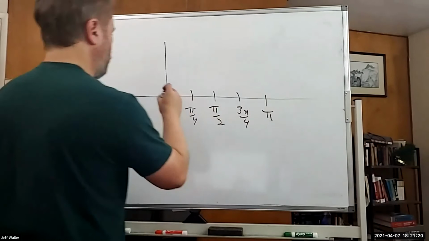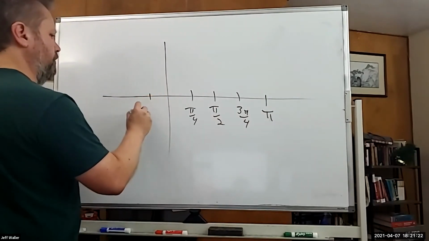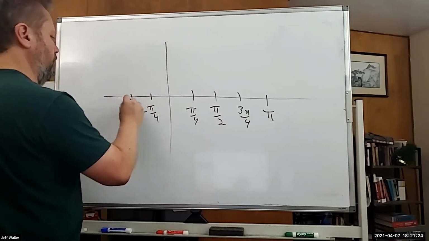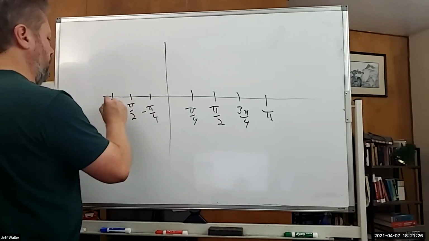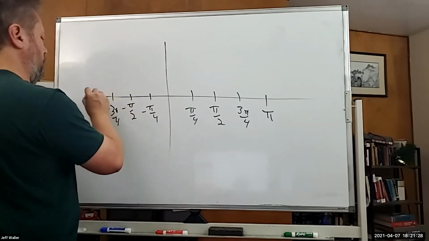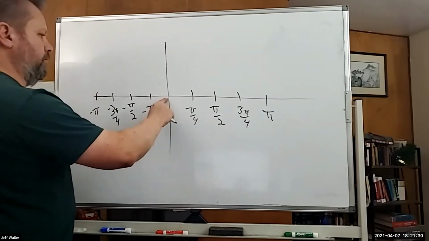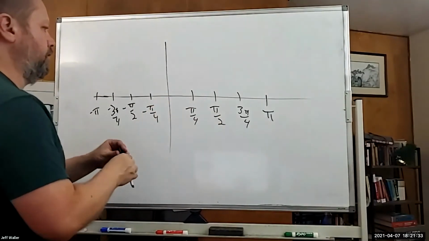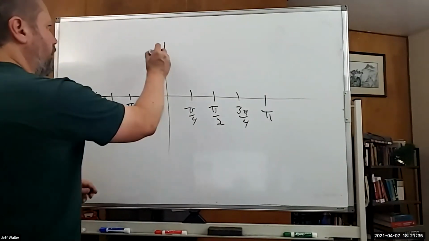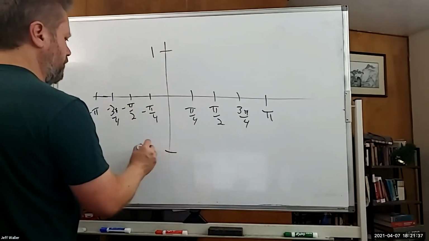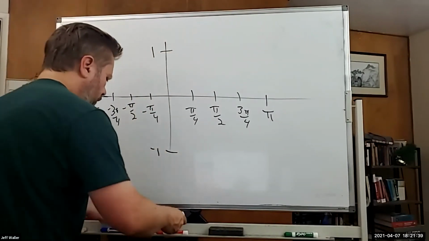Scale sucks. That's okay. Let's start at 0. We'll do 1 and -1 again because that's all that sine and cosine can go between.